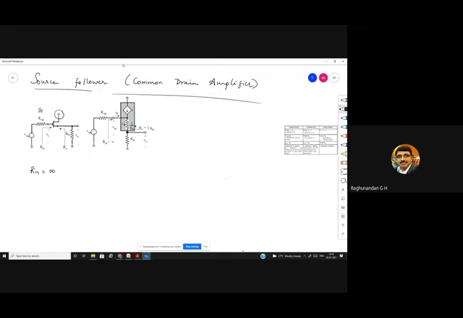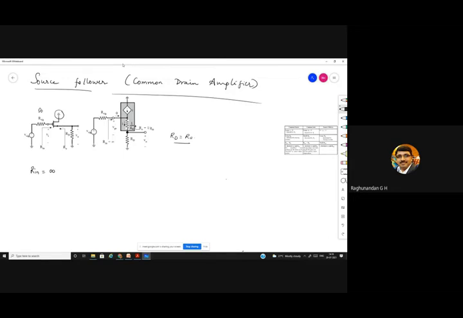Now we need to find out the voltage gain of this. To make you understand that the output is taken across the source terminal, not across the drain terminal, here it is purposefully written as RD. RD is usually taken as our output resistance.